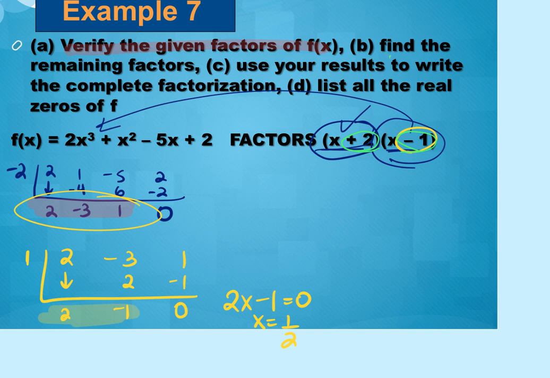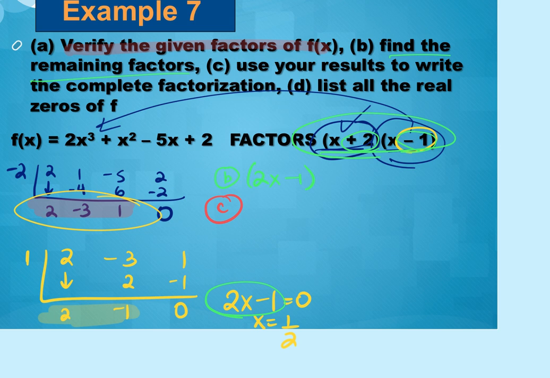Find the remaining factors. So we just found factors are in parentheses. So factors are like this. B would be x plus 2. Actually, the remaining factor is just 2x minus 1. That's your remaining factor. C says use your results to write the complete factorization.